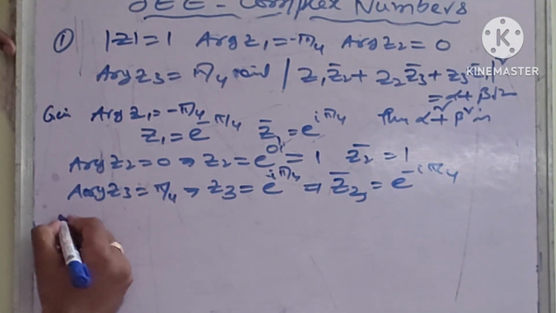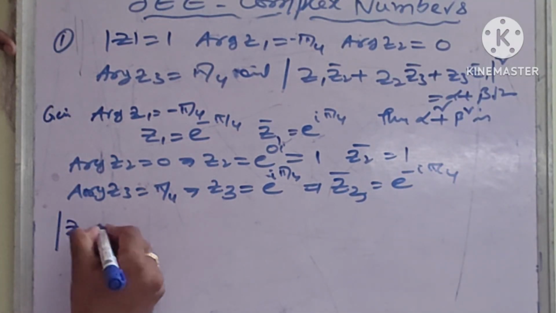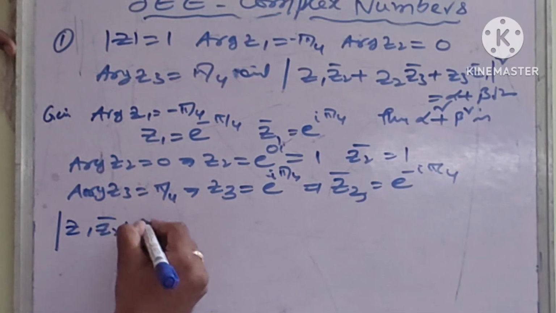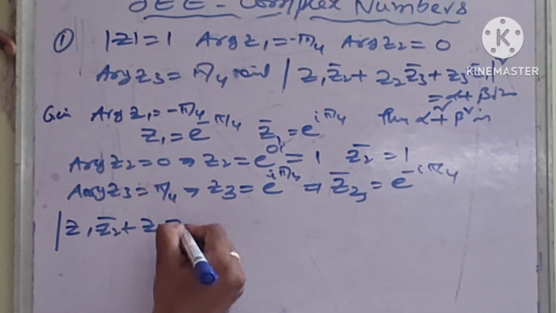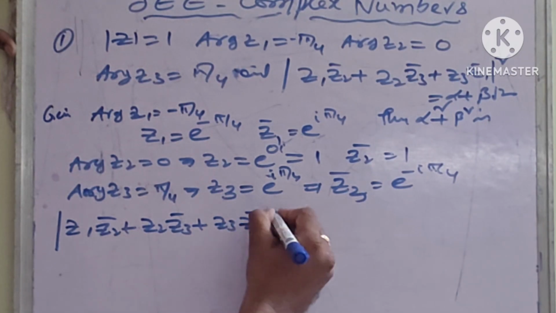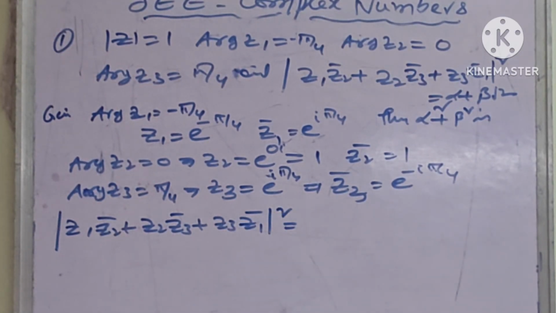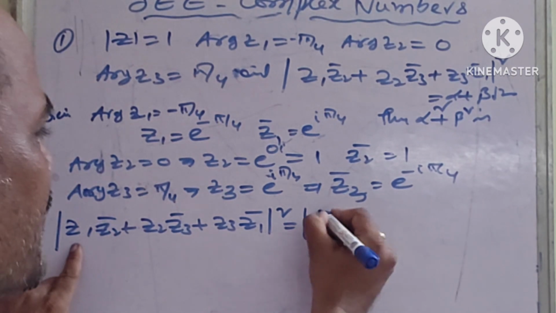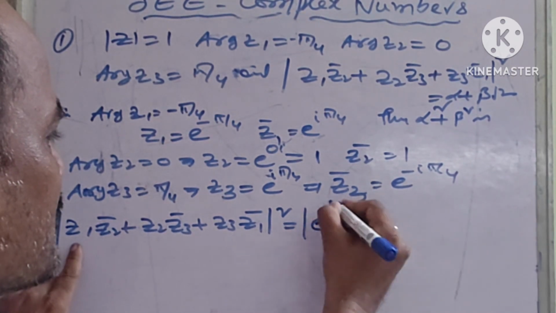So according to the sum, modulus of Z1 (Z2 bar plus Z2) plus Z3 bar plus Z3 Z1 bar whole square is equal to, here Z1 is e power minus i pi by 4.